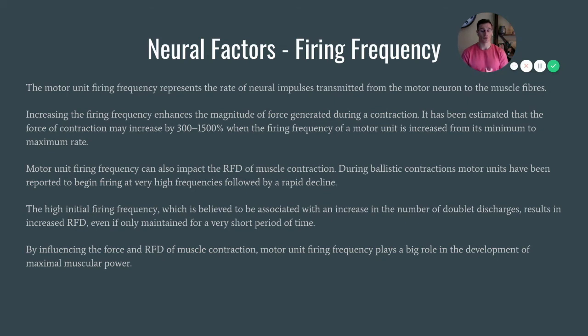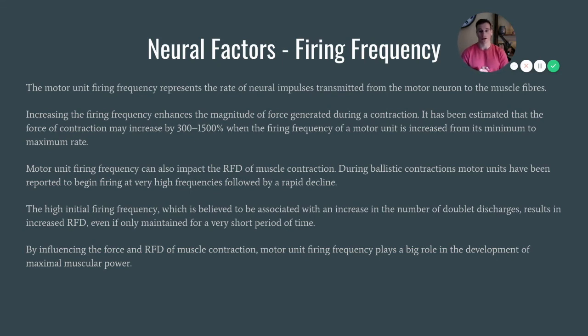During ballistic contractions, motor units have been reported to begin firing at very high frequencies, followed by a rapid decline. Again, this explains why you can produce a high amount of force quickly, but you can't maintain that for a long period of time.